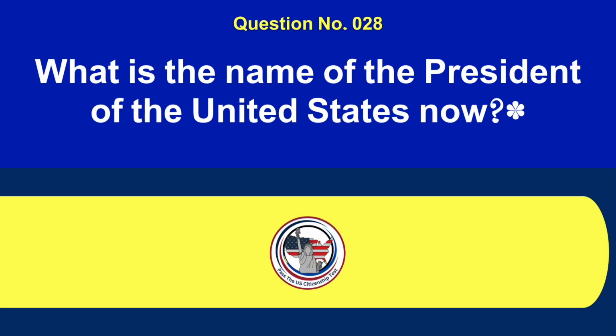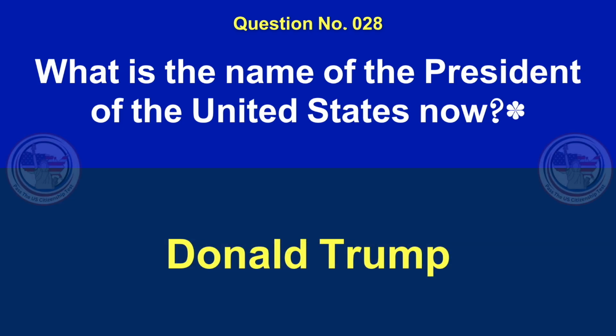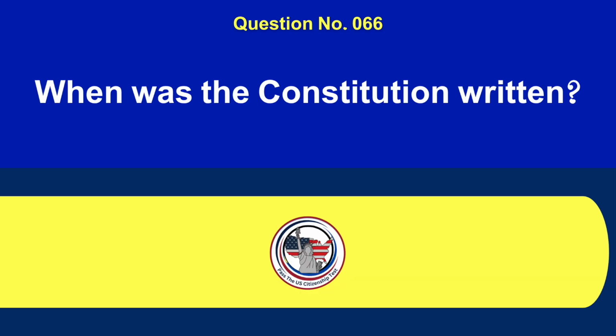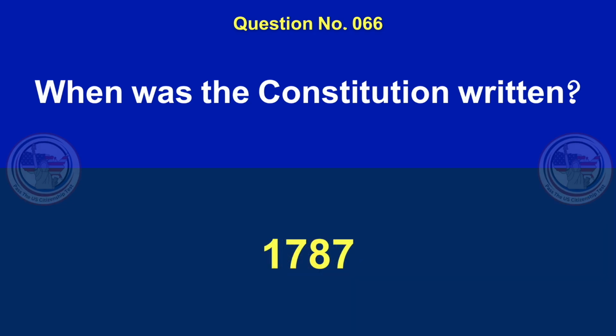What is the name of the President of the United States now? Donald Trump. When was the Constitution written? 1787.